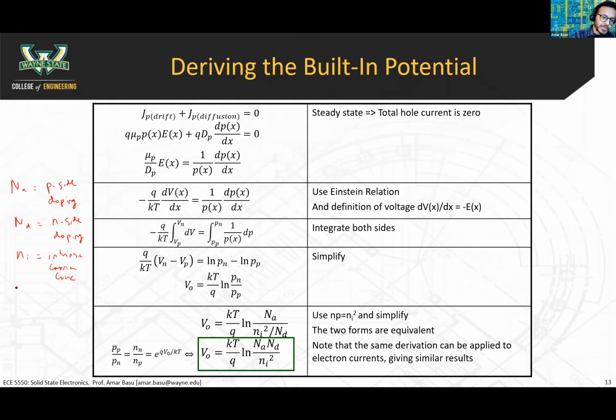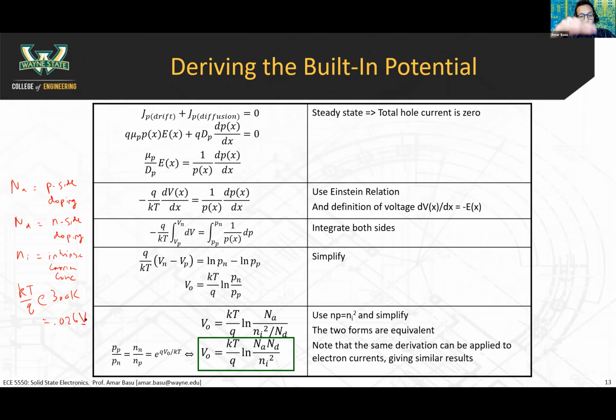And then kT over Q at 300 Kelvin, it's a rule of thumb, just remember that's 0.026 volts. Okay, don't forget the units there. kT over Q at 300K is 0.026 volts. kT on its own, which is what we used in module 3 quite a bit, kT is equal to 0.026 electron volts.